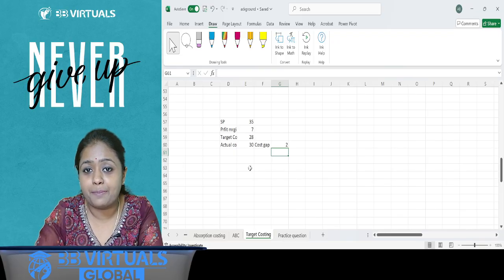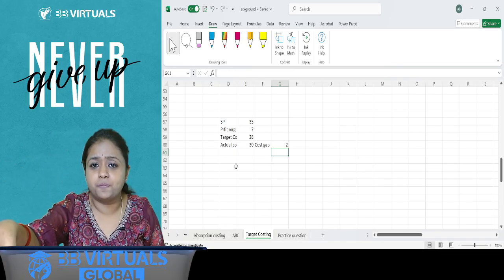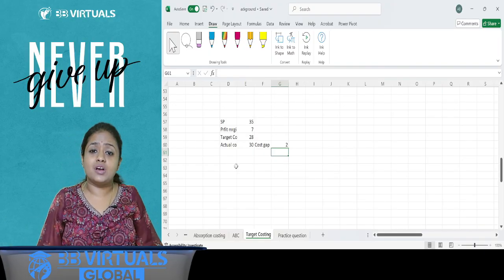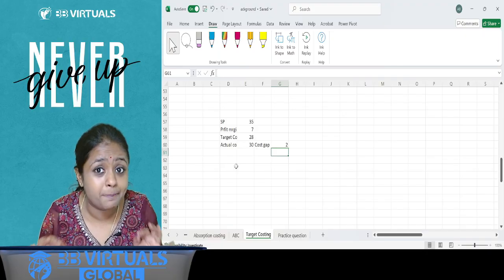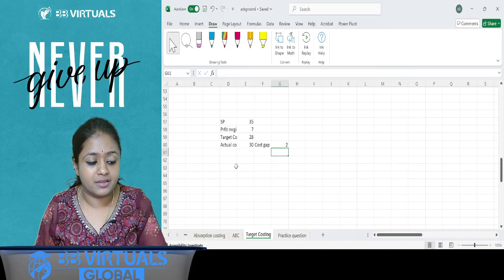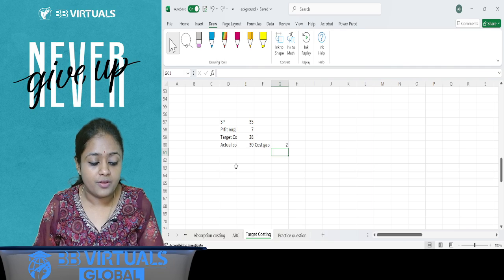Closing the cost gap means, boss, find out ways, fire people, have product optimization. See, most of the companies do it, right? So that the cost gap is reduced and you're able to remain in the market and be competitive in the market. I hope all of you are able to understand till this point.